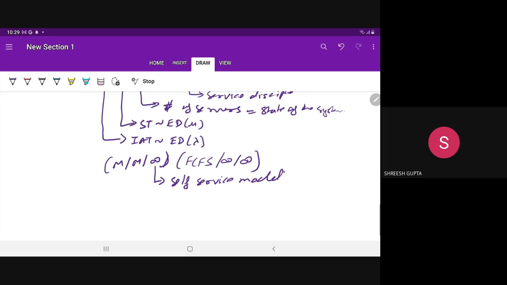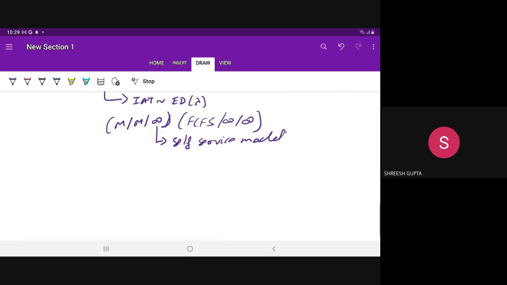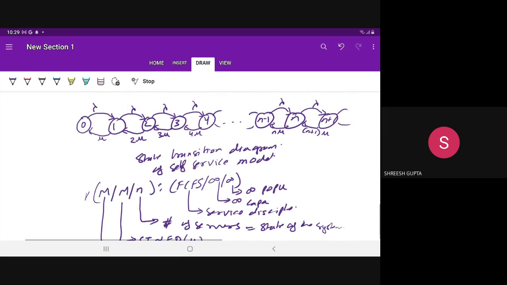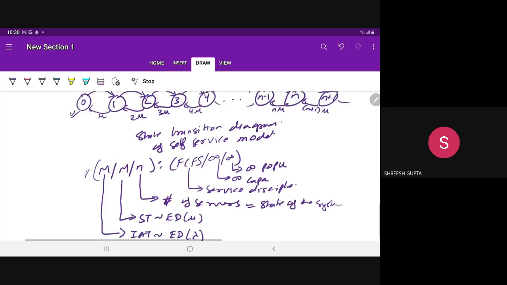If you want to write its governing transient state equation, or Chapman-Kolmogorov differential difference equation, I have told you that from the state diagram we can write it easily. Whatever the outgoing arrow comes with negative, and whatever the incoming comes with positive.